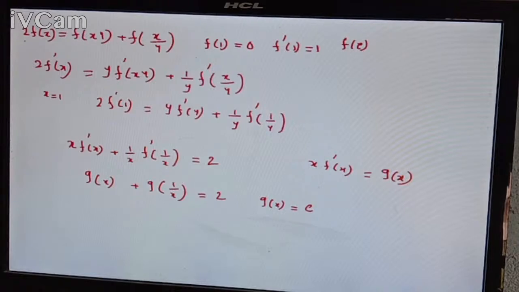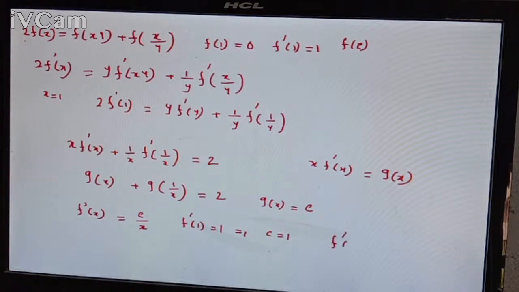Therefore, I can say that f dash x equals c by x. Now, f dash 1 is equal to 1. That implies c equals 1.